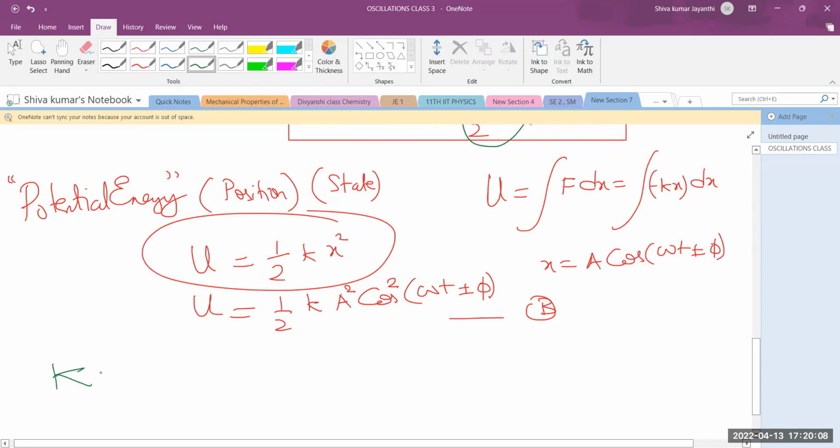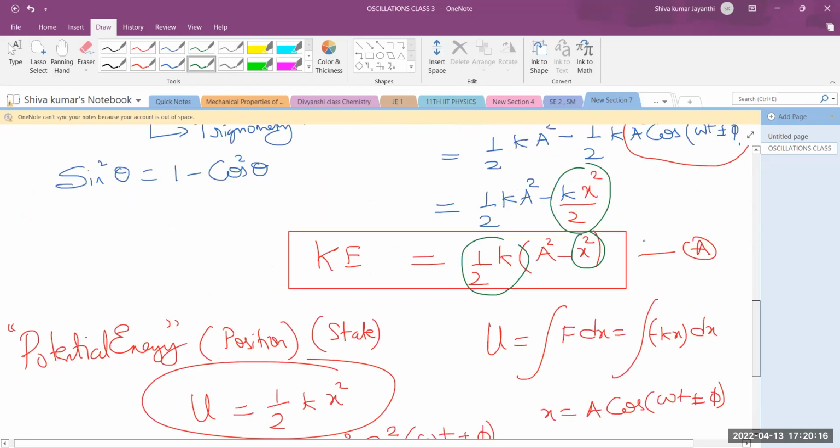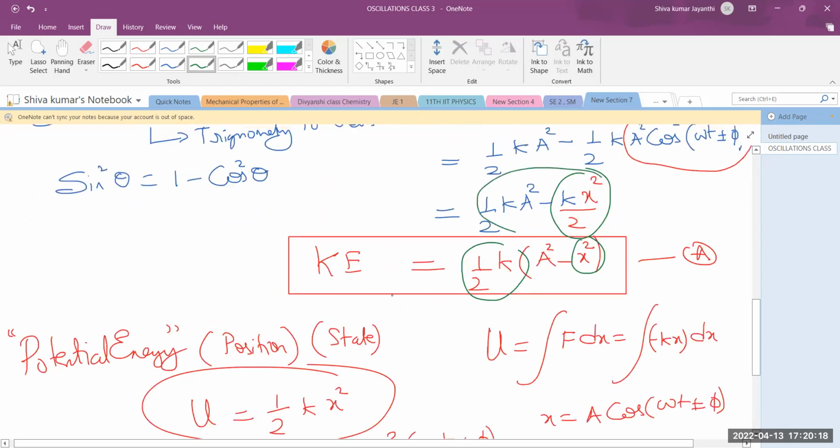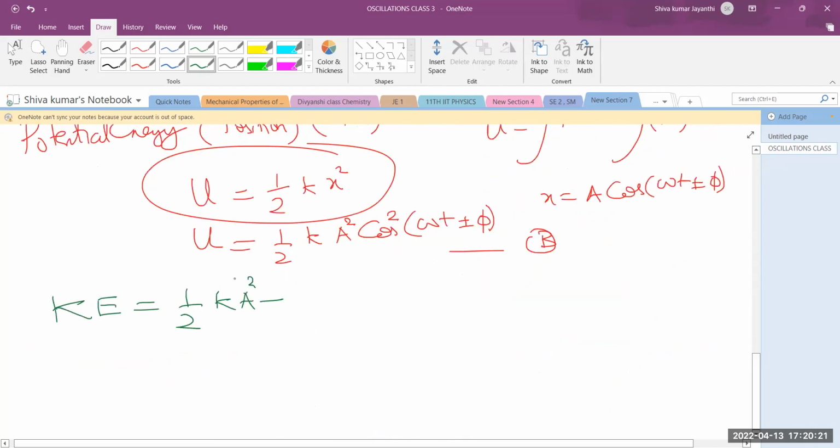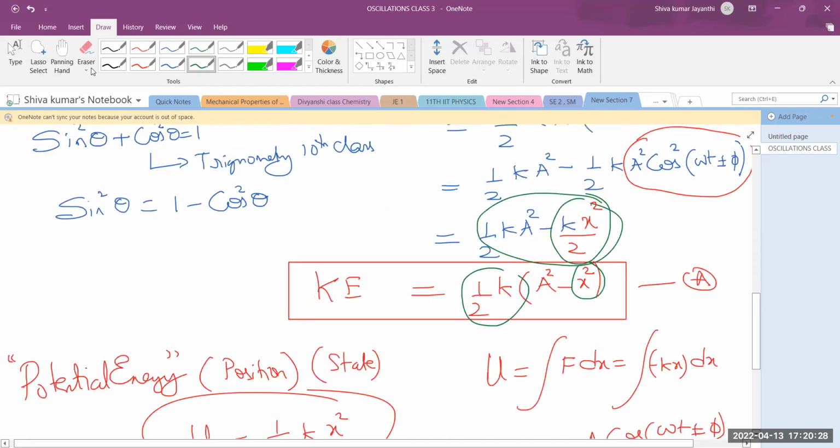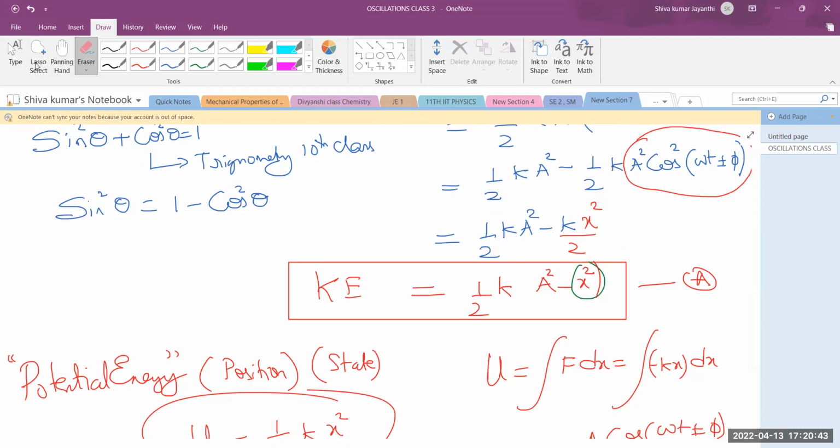Kinetic energy is equal to half k A square minus the potential energy term. So the kinetic energy term implicitly contains potential energy because it has that half k x square term in it.